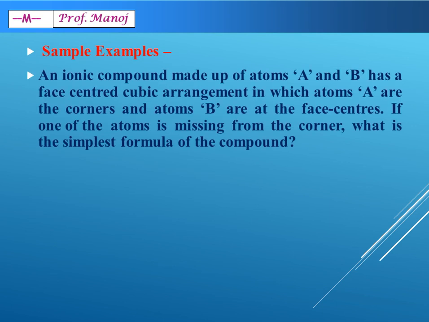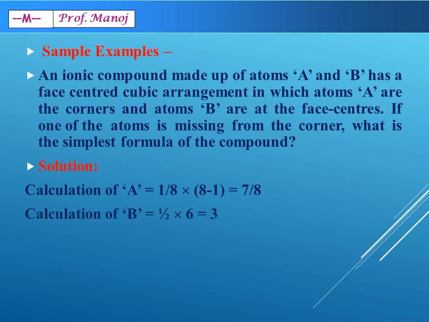We change the problem a little bit. Now A atoms are at the corners. B atoms are at the face center. But now an additional condition is given in the last line. While making the crystal, they found that one of the atoms from the corner is missing. So how do we make use of it? Corner contribution is 1 upon 8 multiplied by, now you can see 7 and not 8, because one atom from the corner is missing.